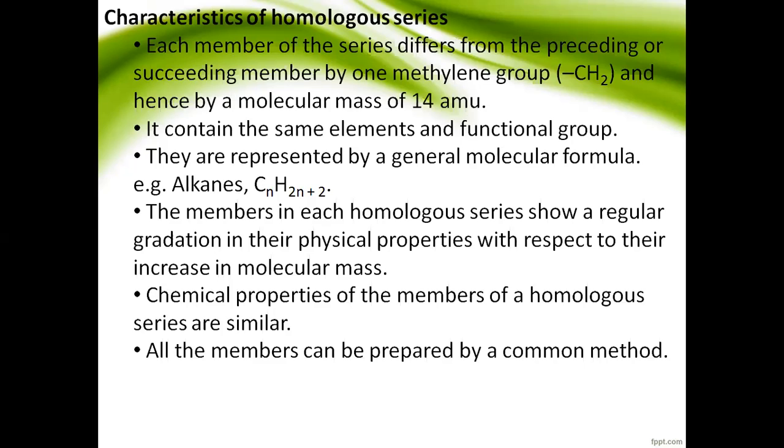Next one is that a homologous series is represented by a general molecular formula. For example, alkanes are CnH2n+2. So the homologous series has the same general molecular formula. The next one is that the members in each homologous series show a regular gradation in their physical properties with respect to their increase in molecular mass.